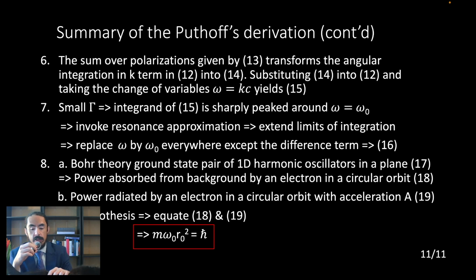This small value of capital gamma allows us to justify that the integrand of equation 15 is sharply peaked around angular frequency omega at the value of omega naught. So this allows us to invoke a resonance approximation and to extend the limits of integration. And this furthermore allows us to replace omega by omega naught everywhere except the difference term, which is present here. That allows us to obtain what is in the paper equation 16.